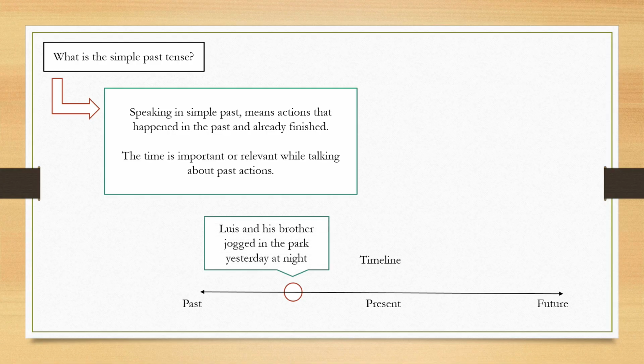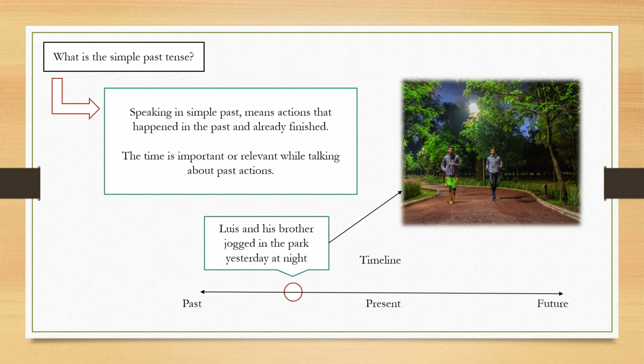In the past it could be: Luis and his brother jogged in the park yesterday at night. In the photo, we can see that two men are jogging, right? But if we talk in simple past tense, we're going to mention that that action of jogging is already finished.